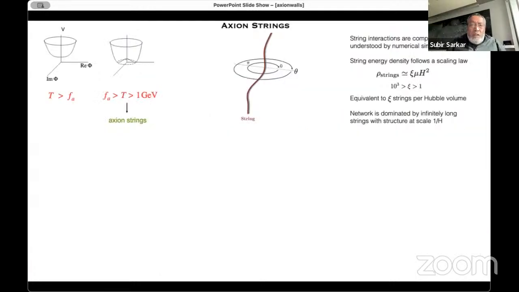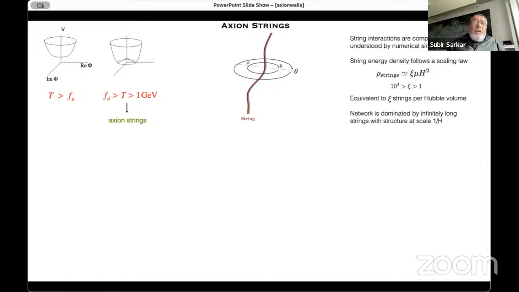Now, strings are quite well known and have been discussed for a long time, not just by particle physicists, but also in condensed matter physics. They in fact are seen. They are actual real objects you can see in liquid helium, for example. And these are non-contractible loops in the vacuum manifold that we're talking about. So we're talking about a relativistic version of what condensed matter people do.